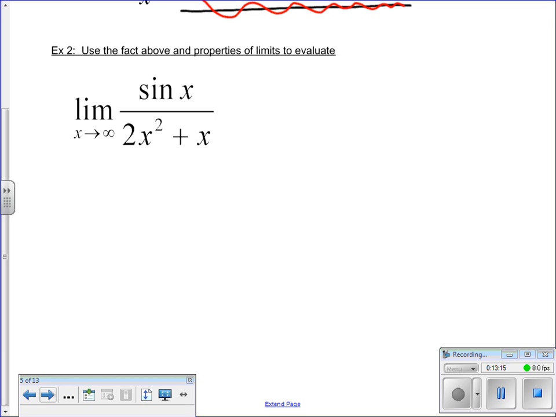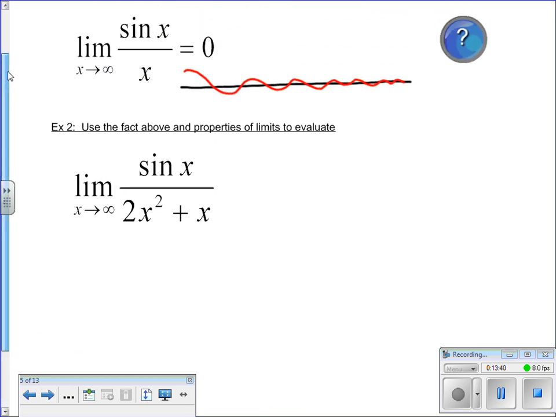As I go towards positive infinity, it's growing very quickly, isn't it? As a matter of fact, it's growing even faster than the previous example was. So it's getting even smaller and smaller and smaller. Even faster. So you've got the same thing going on here. So you can, in your mind, reason out what is my limit. Hey, it's 0. Same as the previous one. These two, there isn't much different.